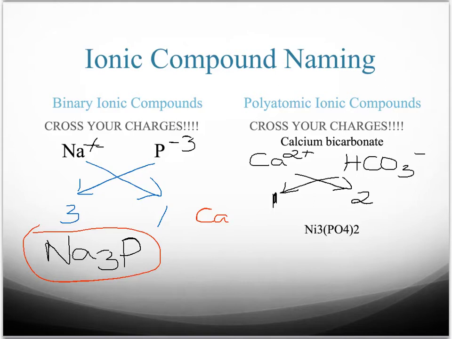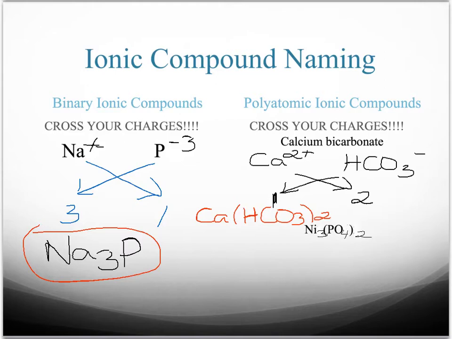So we have our Ca, then our bicarbonate in parentheses, and the 2 goes on the outside. And that would be our final answer. Again, if we are adding a number to a group, the entire group needs to be in parentheses, and then the number goes on the outside.